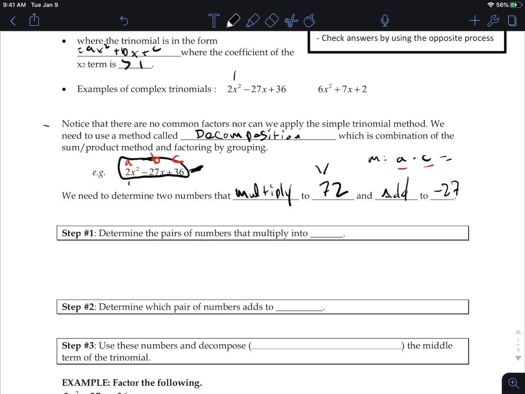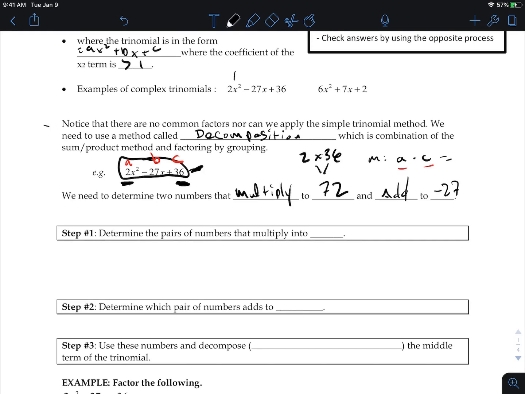This comes from when I multiply 2 times 36. Okay? And that's right here. The 2 that's out front, the a value, and the 36 that's the c value. Okay? When I multiply them together, then I have to check. Now I just start checking. After you do that, it's almost the same process as yesterday to come up with the numbers, right?